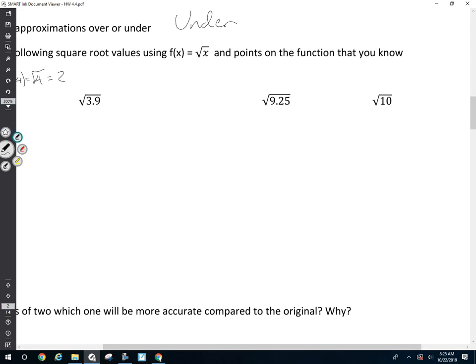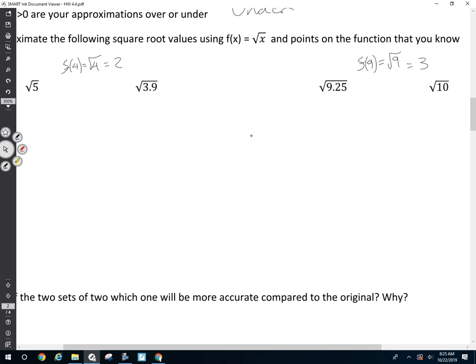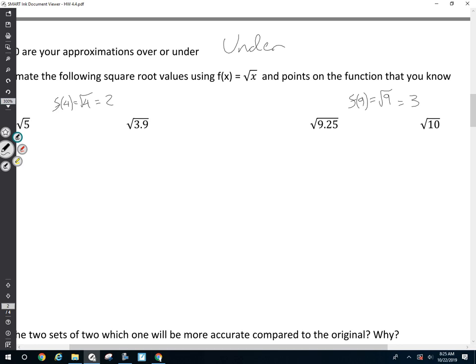And here, f of 9, I know the square root of 9 is 3. So depending on my situation, I'm going to use these different points. And I'm also going to be using the slope at these two different points.